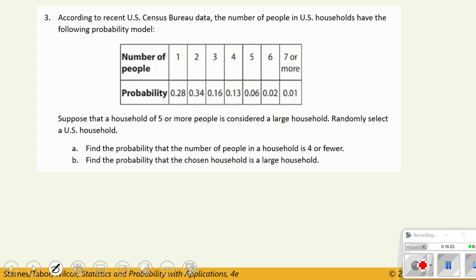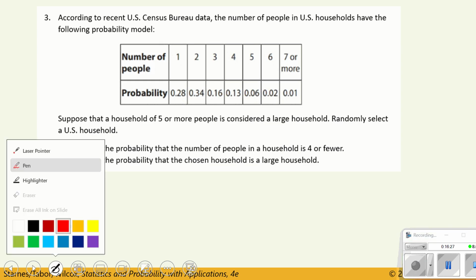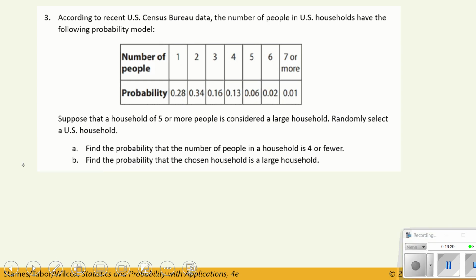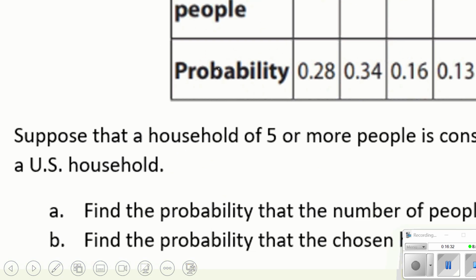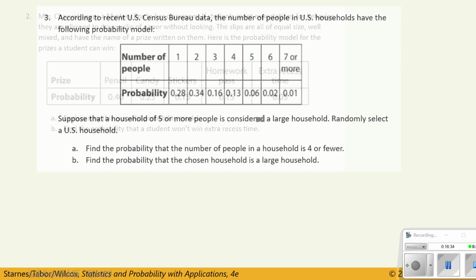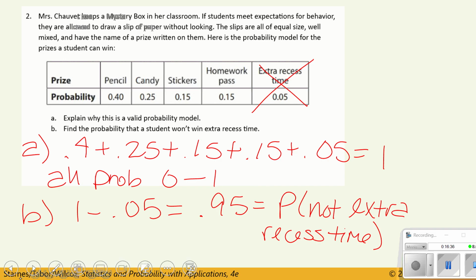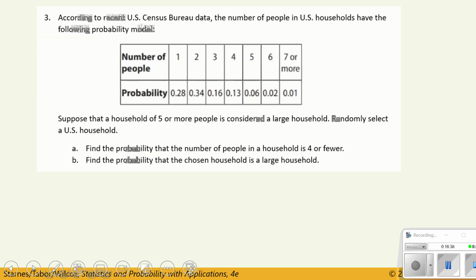Okay, so for part A, you can either do the complement problem or you can just add them all up. Whatever one you want to do is good. So we want anything that is 4 or fewer. So I could just add up these 4 together, or I could do the opposite problem and take 1 minus these 3.